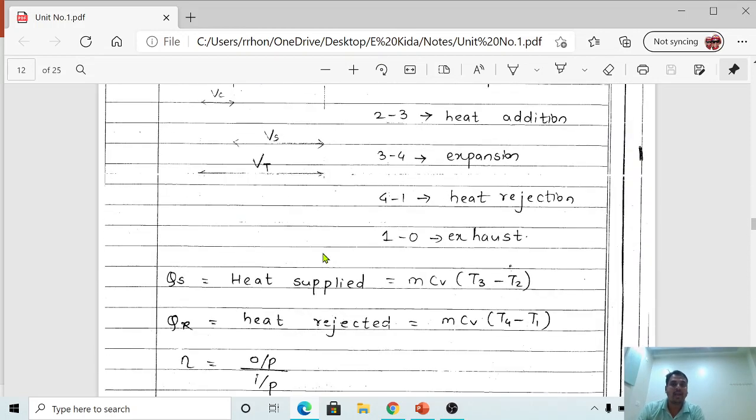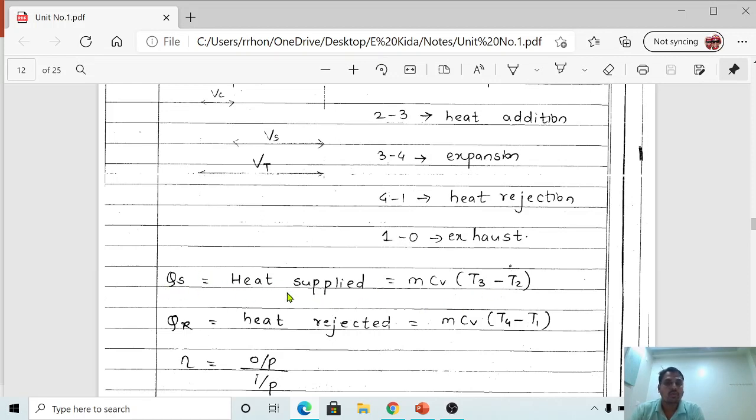That's why we can write the equation: mass of fuel into calorific value into the temperature difference T3 minus T2. This way we can calculate heat supplied. Always remember, dear friends, mass into calorific value gives the heat supplied, multiplied by the temperature difference.